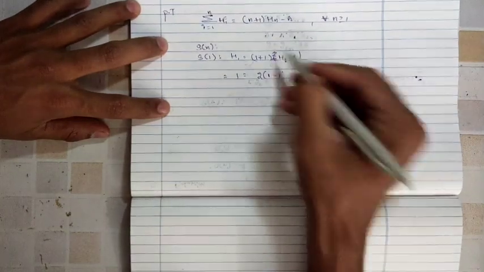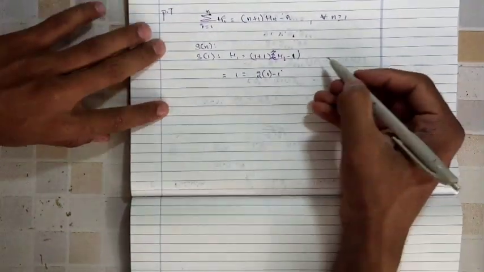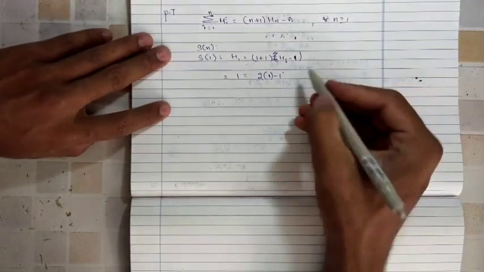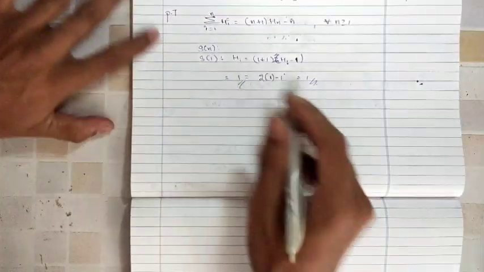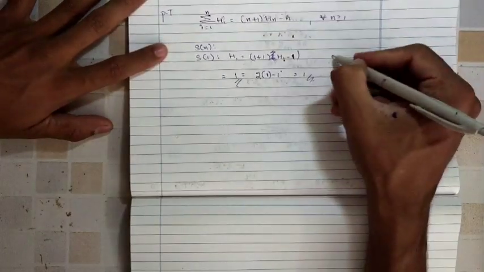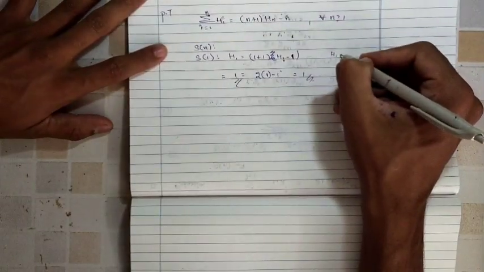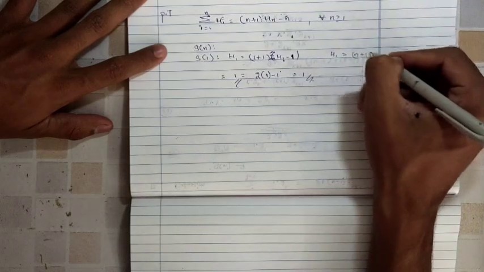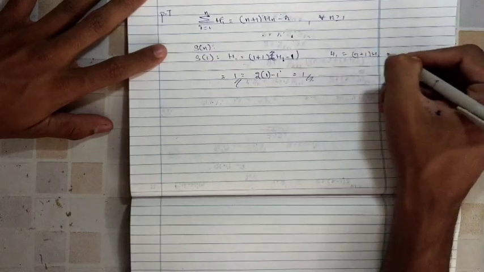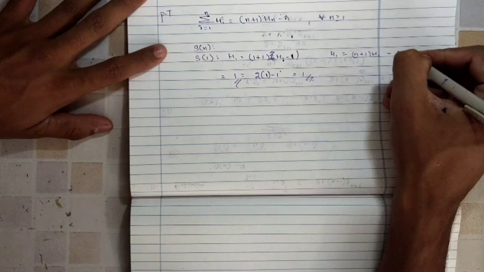Sorry, my bad. So it is equal to 1, so 1 is equal to 1, S of 1 is true. Okay, I will just write again. See, h1 is equal to n plus 1 into h1 minus 1.